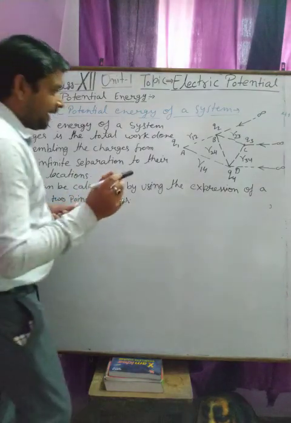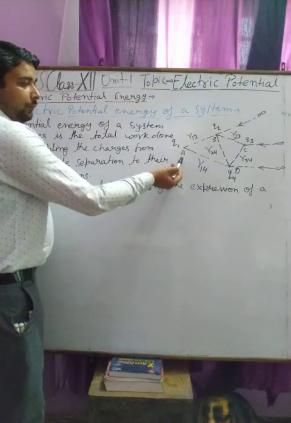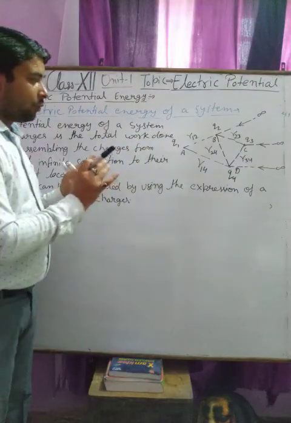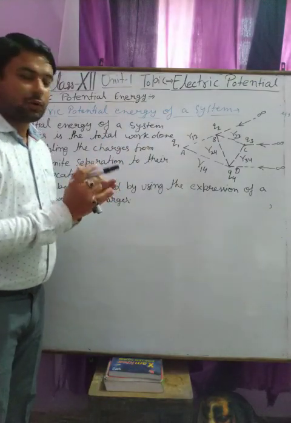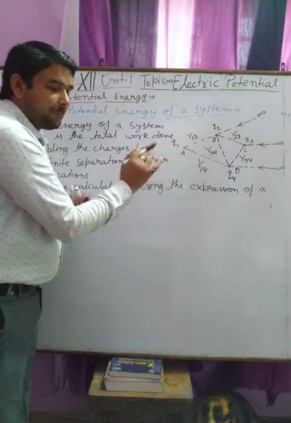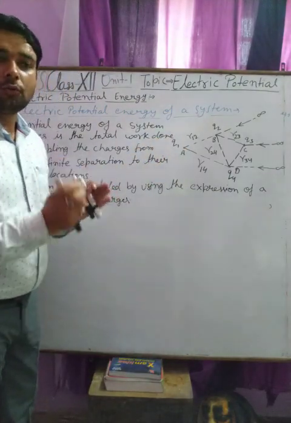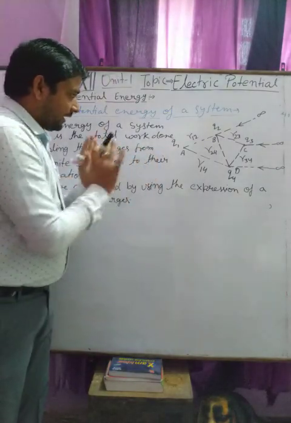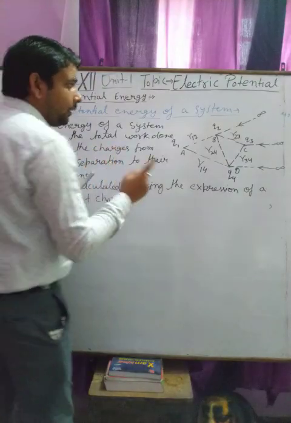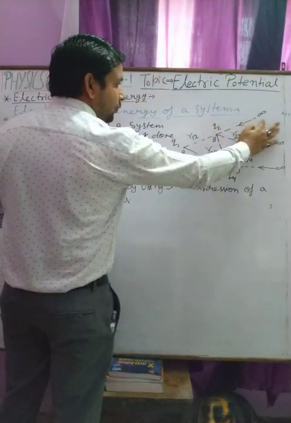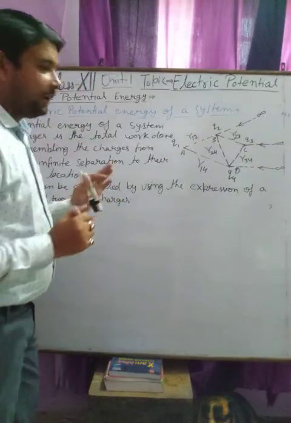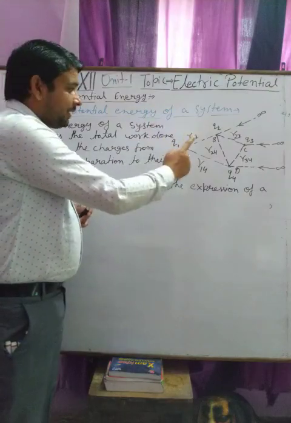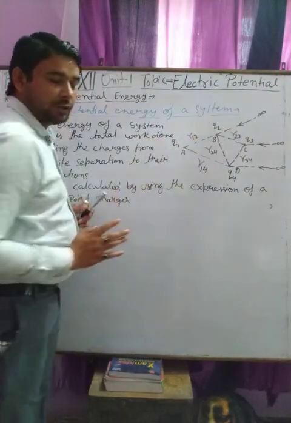Okay, student, let q1 charge be placed at point A and it will not experience any force, so it can be kept at point A with no work done on it. So it has no potential energy. But to bring the charge q2 from infinity to point B, we need to do work against the force of repulsion of charge q1 on charge q2.